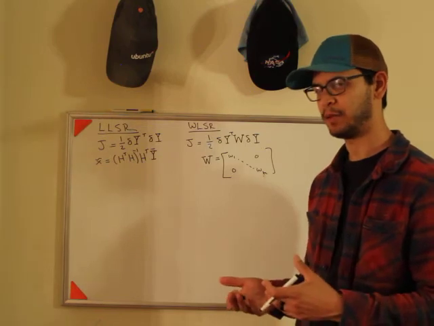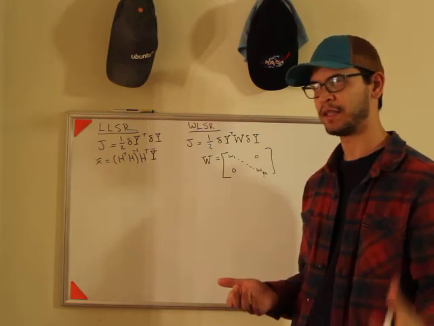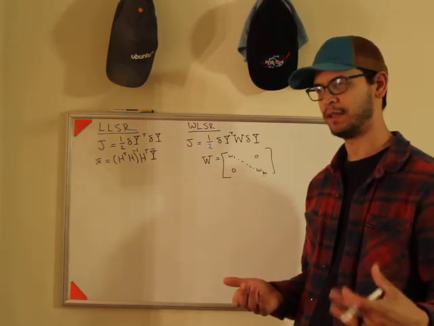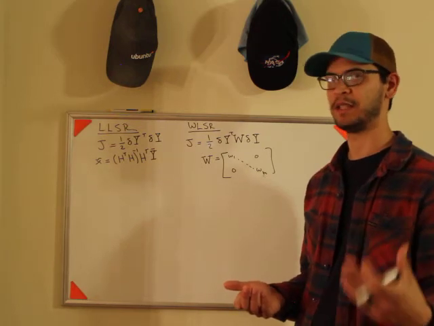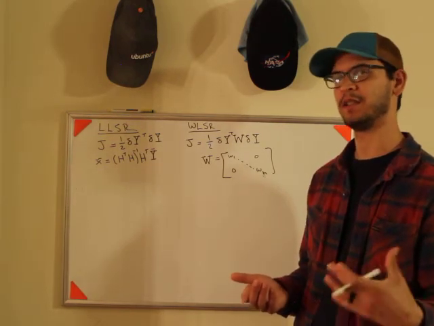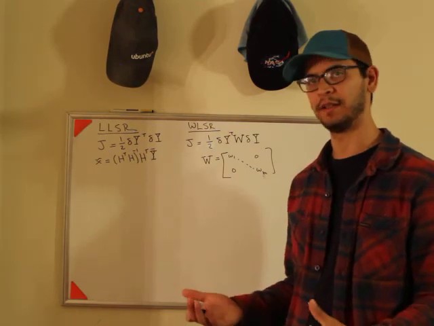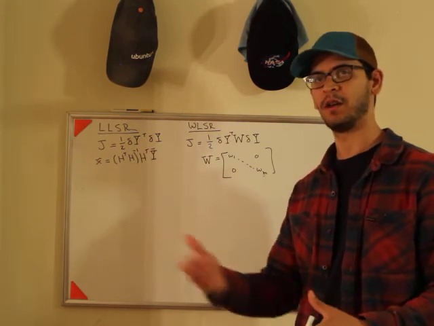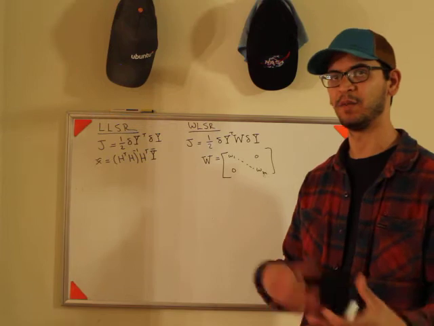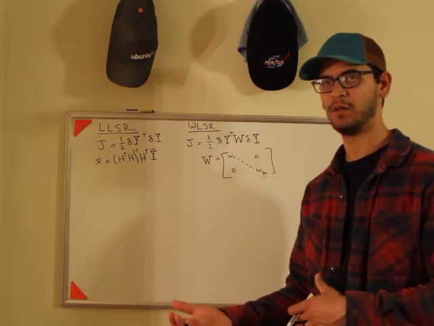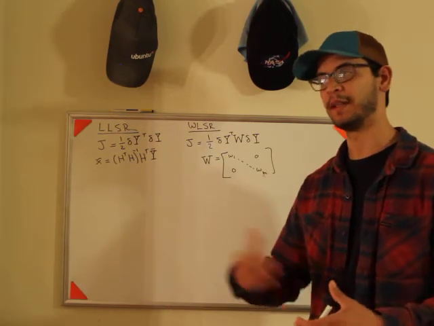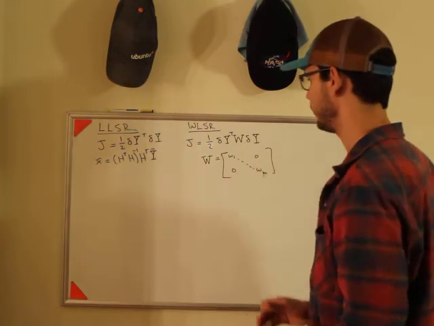Like, is it possible that in the first 10 seconds, your sensor is really inaccurate, and so the first 10 measurements you don't want to believe as much, but you still think they're pretty accurate, just not as accurate as the other ones. You could weight the other measurements better than the others. Or perhaps you swap sensors and you want to believe one sensor over another. This is a way where you can scale that.